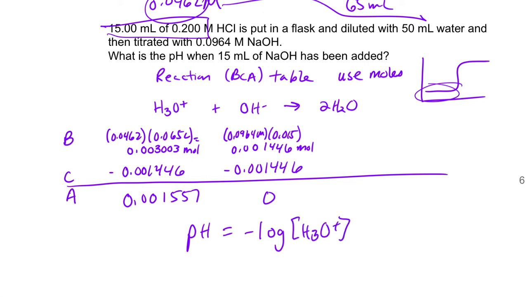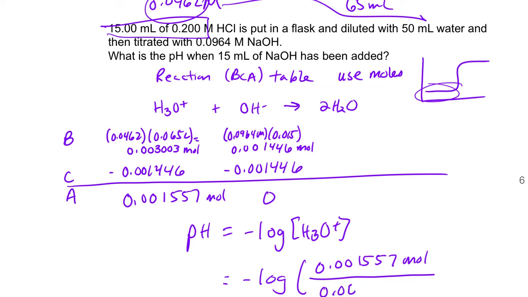So now we have moles of H3O plus, and we have a total volume of what? We started with our 65 milliliters of HCl.